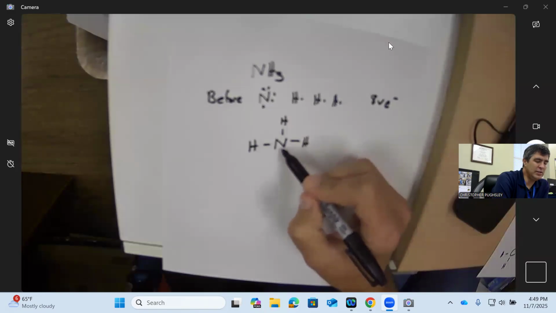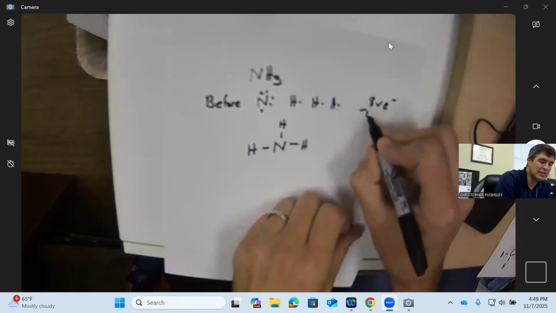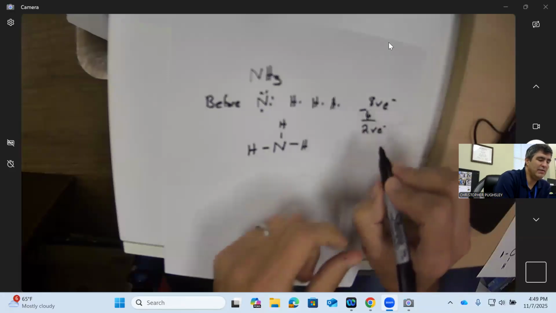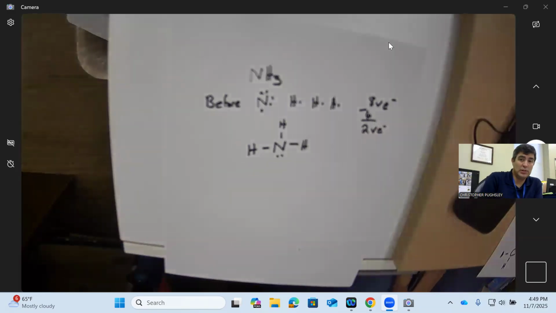The nitrogen has only got 6 valence electrons right now, so it's not meeting the octet, but I've used only 6 of my 8, so I have 2 left. And so that means I'm going to put those last 2 around nitrogen. This is called ammonia. And so this is, again, what ammonia would look like right here.